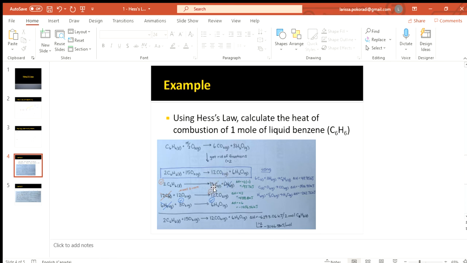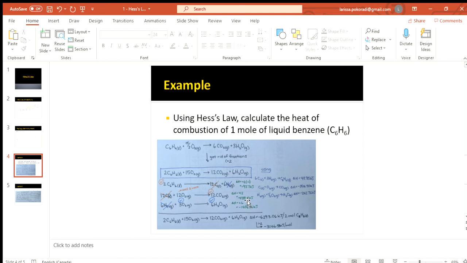We also want to make sure we can get rid of those 12 carbons. Carbon dioxide is a product in the reaction we're using, so we don't have to flip anything around. We just have to multiply by 12. Everything gets multiplied by 12 in the reaction, as well as the enthalpy change. So that value is going to be multiplied by 12. We're going to have something super big in the end.